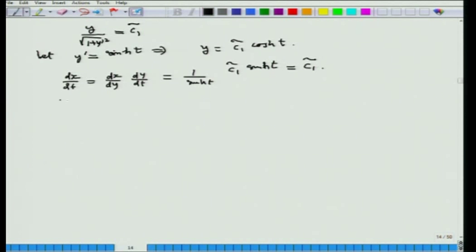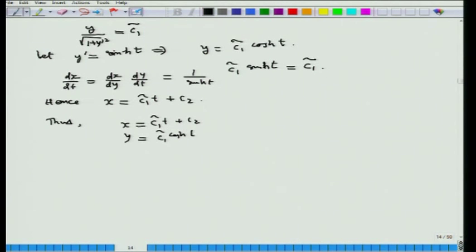So, hence x comes out to be C1 tilde t plus C2. Thus, in the parametric form we have x equal to C1 tilde t plus C2 and y equal to C1 tilde cos hyperbolic t. Now, this t can be eliminated here.